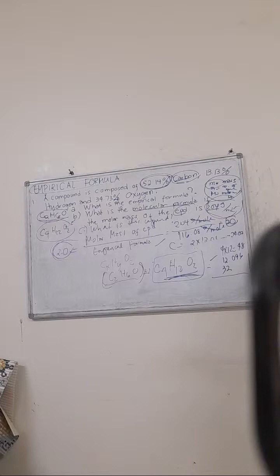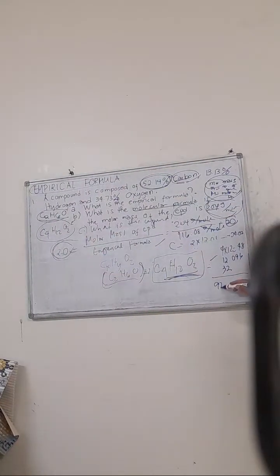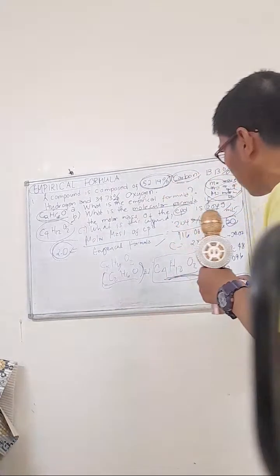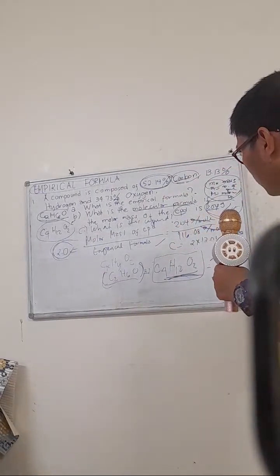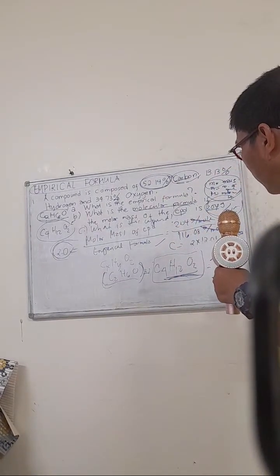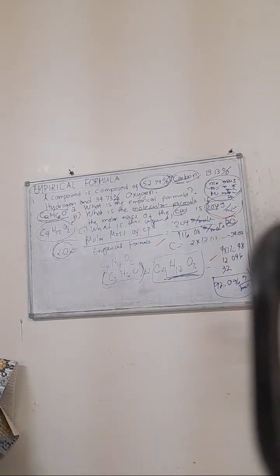So 12.096. On my third review, yes, it is really 92. So which among the compounds has 92.096 grams per mole? Now, since I don't have a chemistry book in my hand, I don't have to Google search this. If you Google this, there will be an answer.